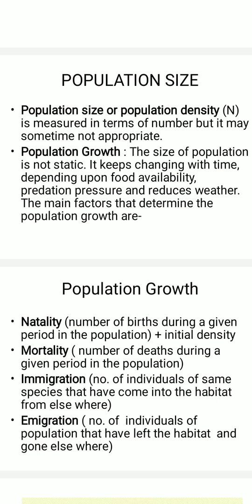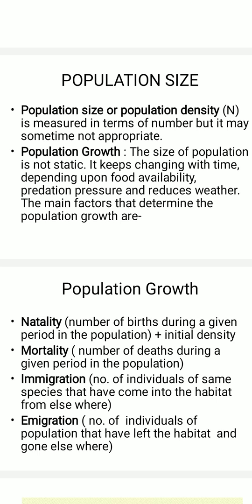When new births, new offsprings are produced by reproduction, that also will get added up during a particular time duration. So that is natality, very important for 1 mark all these terms, or maybe for 2 marks mention the different factors that determine the population growth. Means you can mention only the highlighted part, that is natality, mortality, immigration and emigration.